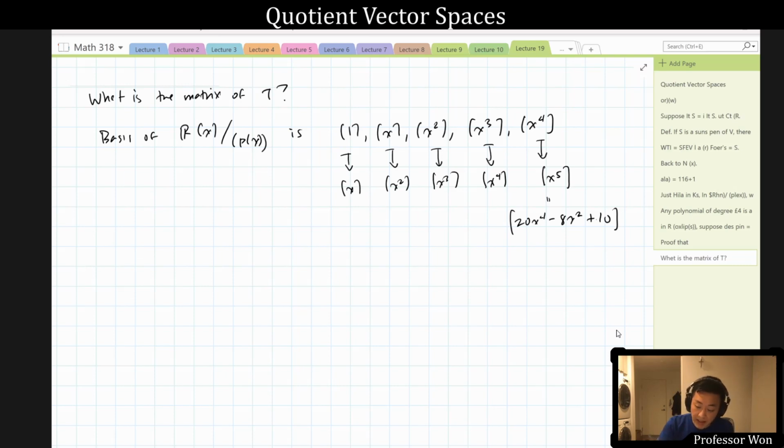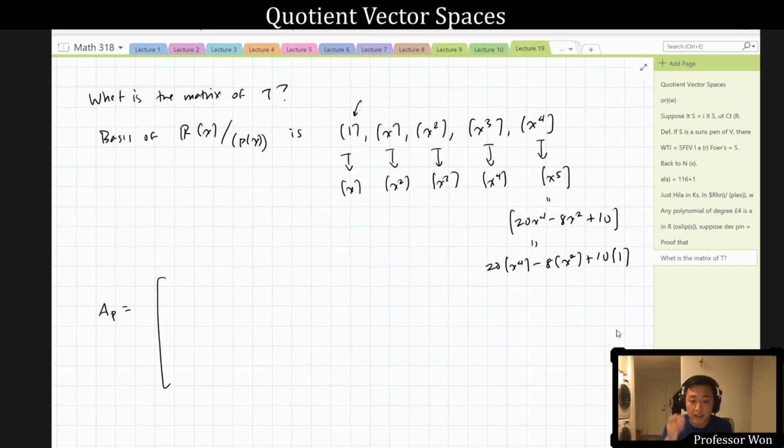So that means that x to the 5th is 20x to the 4th minus 8x squared plus 10 times 1, in terms of our basis. So what's the matrix for T? The first column is what happens when you plug in the first basis vector.